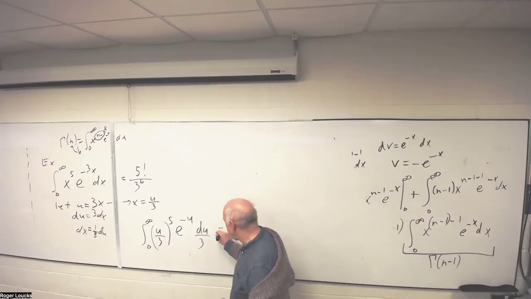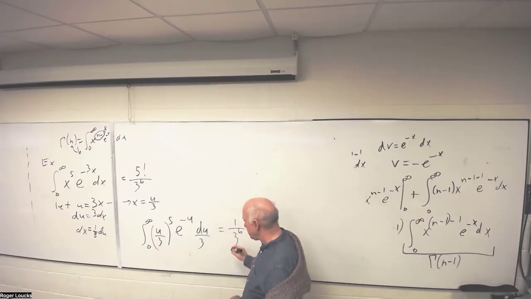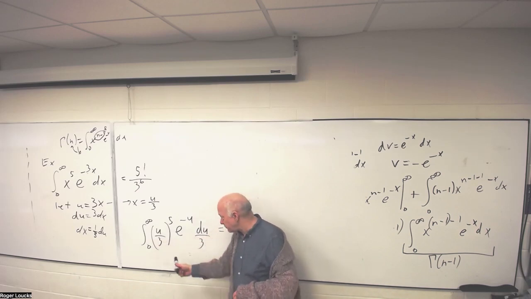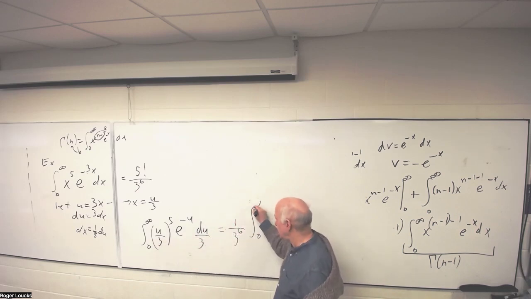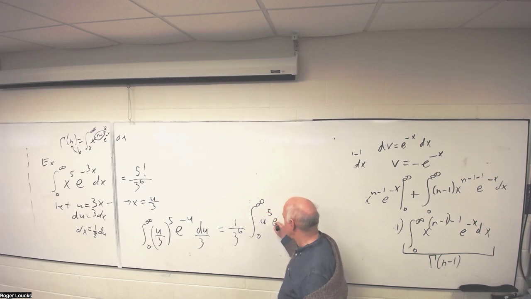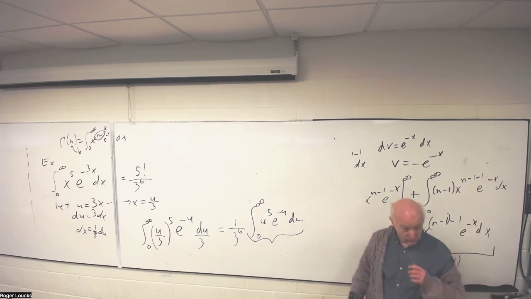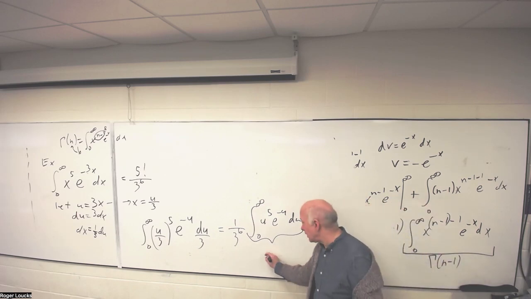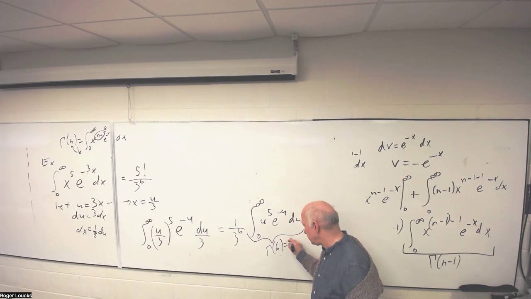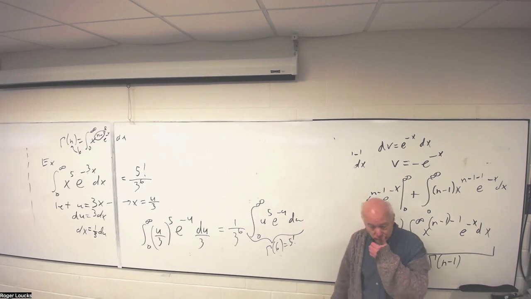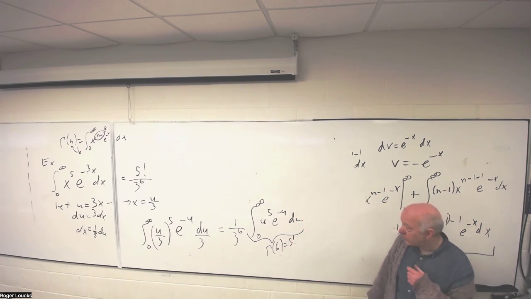What would this be? This would be 1 over 3 to the 6, which is 1 here, 5 of them from here. 0 to infinity, u to the 5th, e to the minus u du. This is nothing but a standard gamma function. That's your gamma of 6. It's 5 factorial. So what would this be?